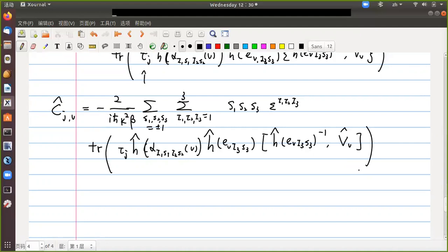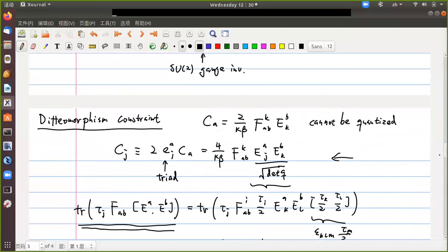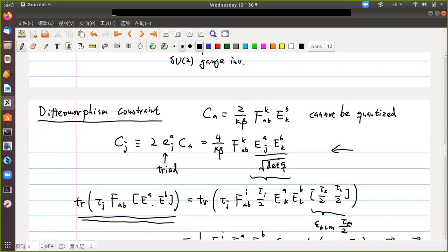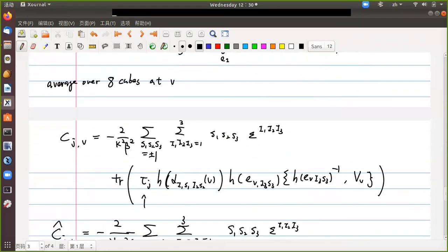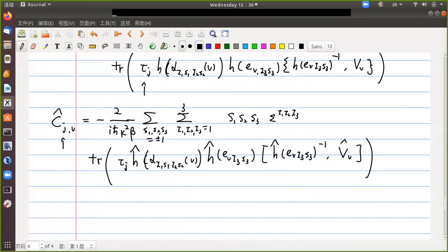This is because you see you have an index j, and this j is a gauge index, right? The reason is that we express this diffeomorphism constraint by the earlier diffeomorphism constraint by EAJ, and this J is a gauge index. It transforms in SO3. So at most you can imagine this operator is not gauge invariant but gauge covariant.